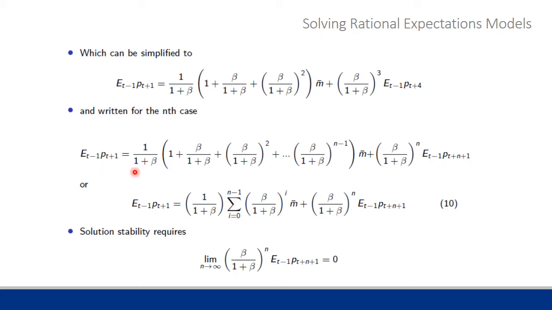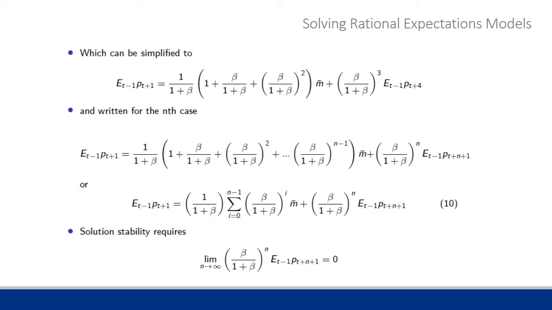We can simplify this further by noting that we can write this geometric progression more simply as a summation. So E_t P_{t+1} becomes 1 over 1 plus beta, multiplied by the sum of beta over 1 plus beta to the i, m bar, plus the final term as before, beta over 1 plus beta to the n, E_t P_{t+n+1}.